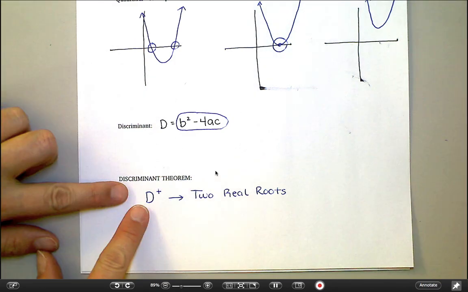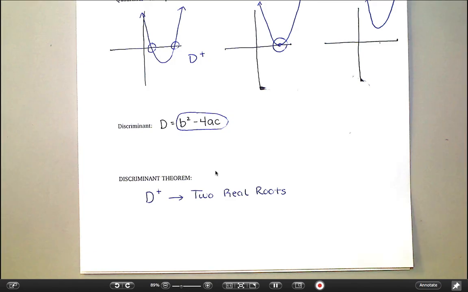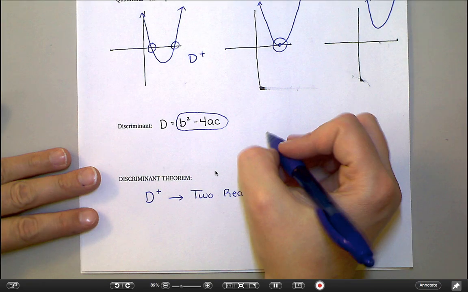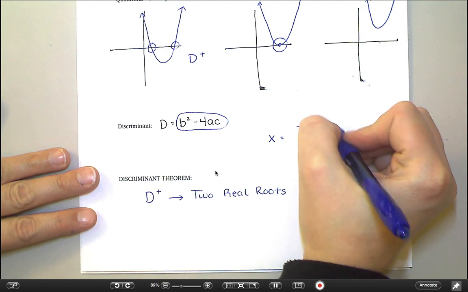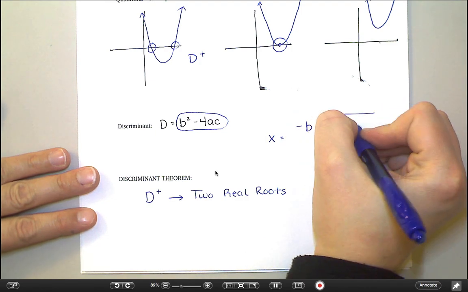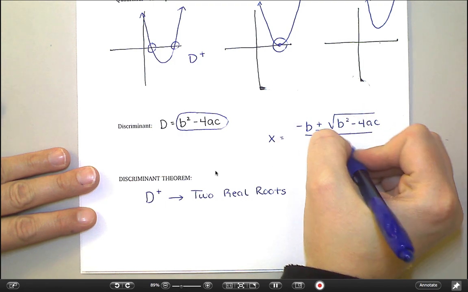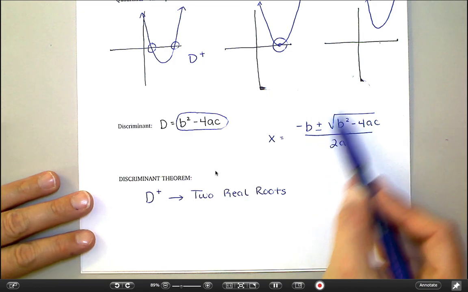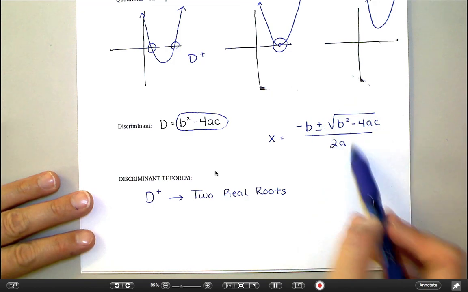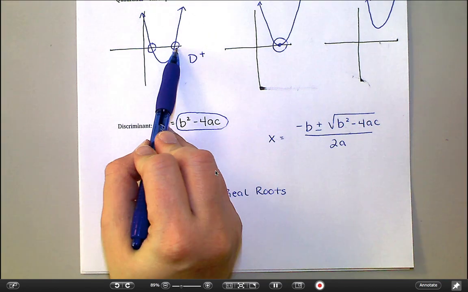If the discriminant is positive, this is the situation you're going to be in. Because if you end up with a positive number underneath the square root, then you're going to do the whole split. You're going to have negative b plus this number, negative b minus this number, divide by the 2a, and you're going to get 2 different answers. You're going to get an answer here and an answer here.